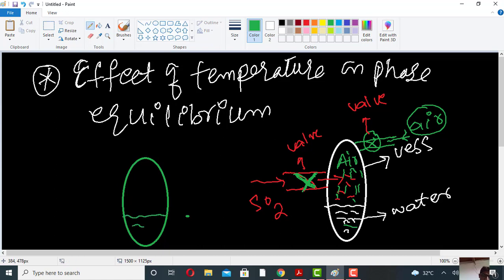This is the liquid water. This is the sulfur dioxide, and this is the air. This is the air, this is the sulfur dioxide.